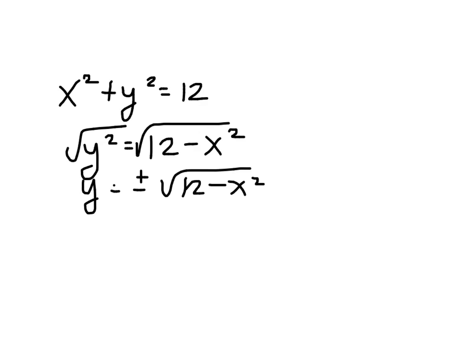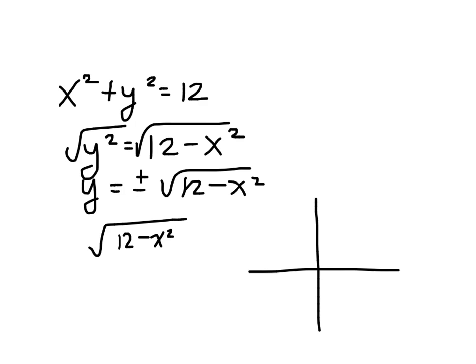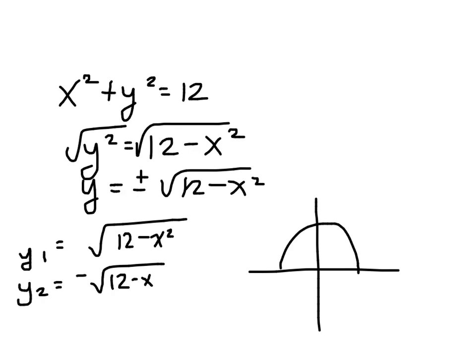Well, if you recall from a long time ago in chapter 1, this is a circle. If you just put the square root of 12 minus x squared into the graphing calculator, you're going to get something like this. That's not a circle. So this has to be in y1. In y2, you have to put the negative of the square root of 12 minus x squared, and that will give you the bottom half of your circle. So that's how you're going to have to draw a circle.